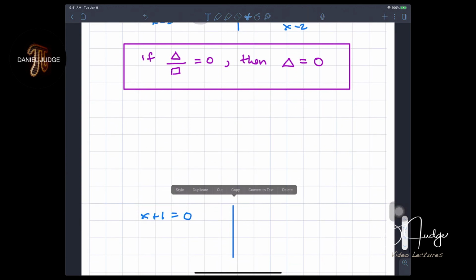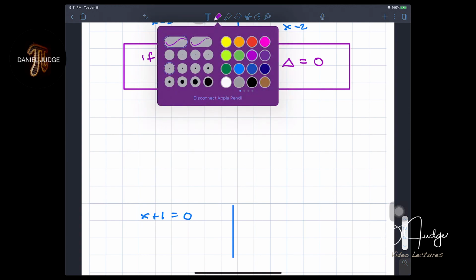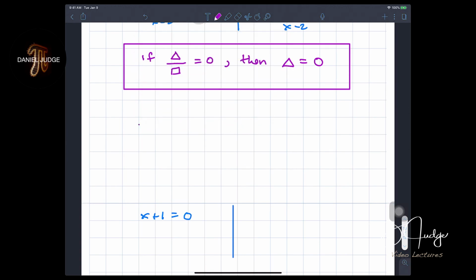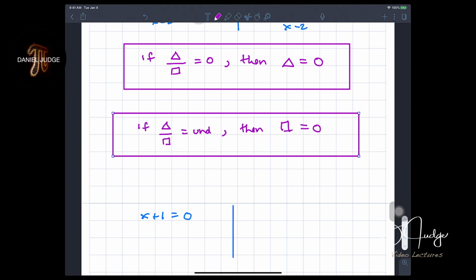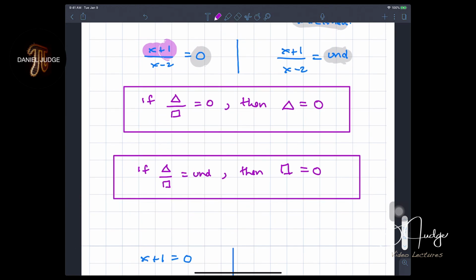And then we have another fact. If you have a fraction, and remember this is a little different, where it's undefined, then that happens where the denominator equals 0. So these are the two things we have to find. And now you say, oh, to be undefined, I let the denominator equal 0?